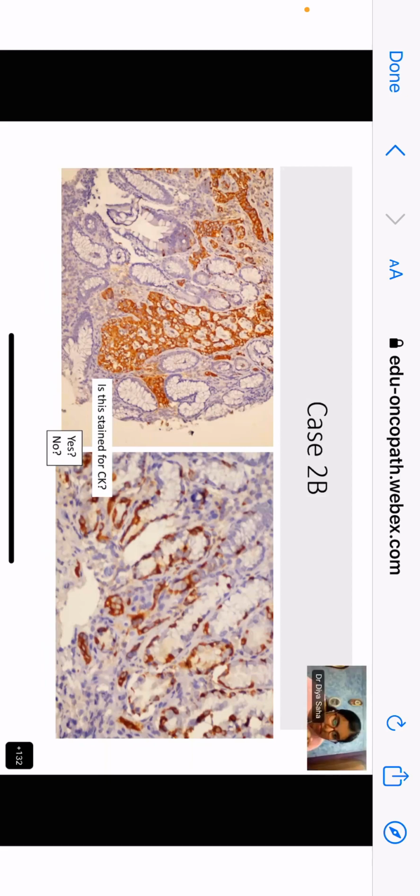Okay. So now Vimy and Limpy, and Limpy, you were not here for a long time, so will you please tell Dia as well as Suveta, why did you think that this is not stained for cytokeratin?